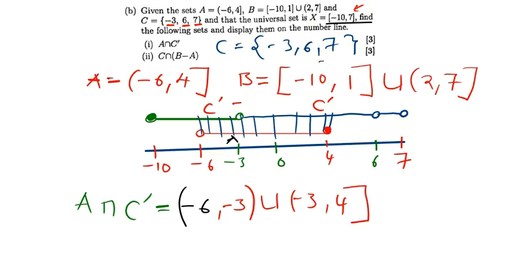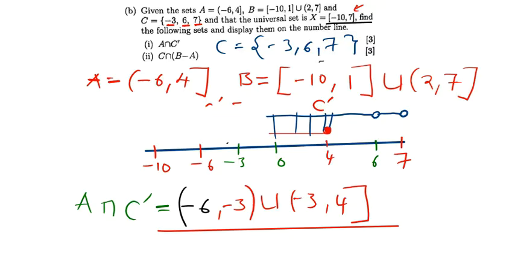These are the only parts where they're overlapping, with the exception of the unshaded circles, or rings. So this is what we expected to present for the intersection of A and C complement, and this gives you an idea of what we're talking about.